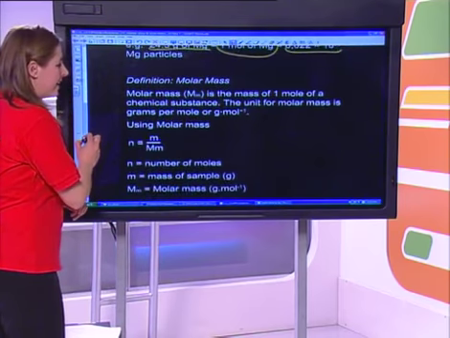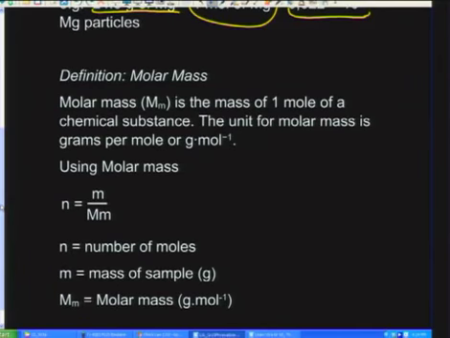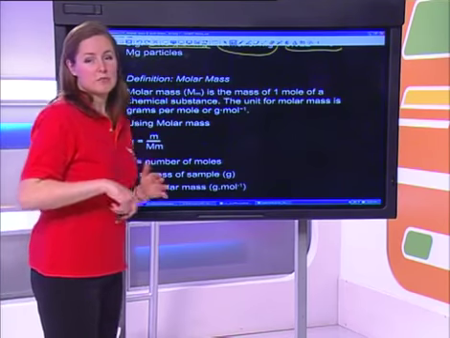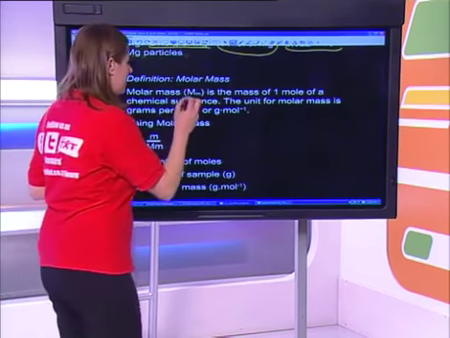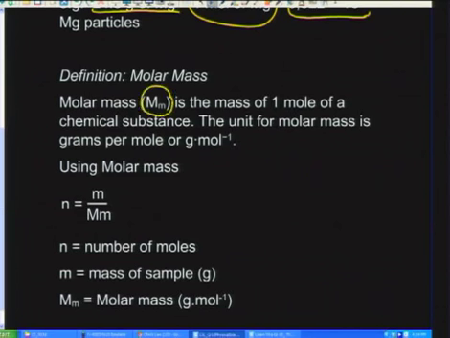So, I now have a concept of the molar mass of something. The molar mass, and some textbooks use a capital M with a small subscript m, which is what I've used here, some just use capital M, so go and check what yours uses, is the mass of 1 mole of a chemical substance.